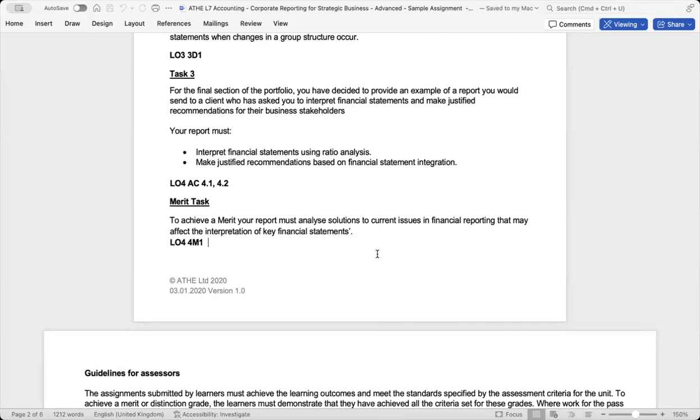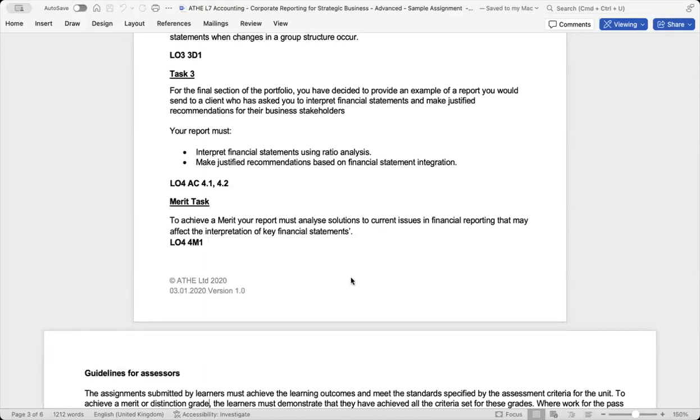To achieve a distinction standard, in addition to meeting the pass or merit requirements, you have to discuss how detailed financial statements are important for providing accurate and comprehensive financial information.